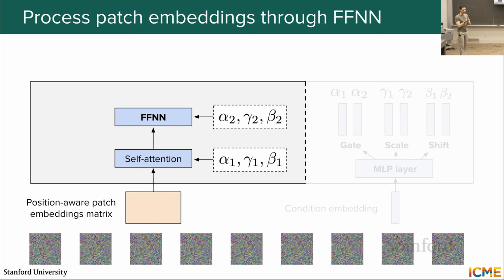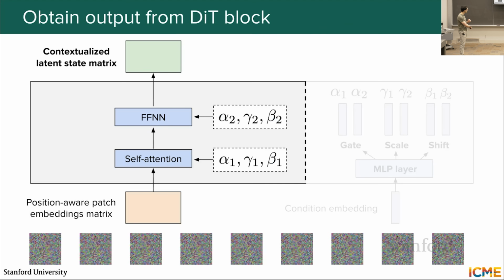You do the same thing for the feed-forward neural network, along with the alpha 2, gamma 2, beta 2 coefficients. And you obtain an output matrix that takes into consideration all other patch embeddings. So it's something that went through this self-attention computation.